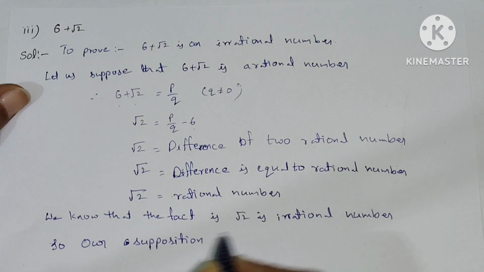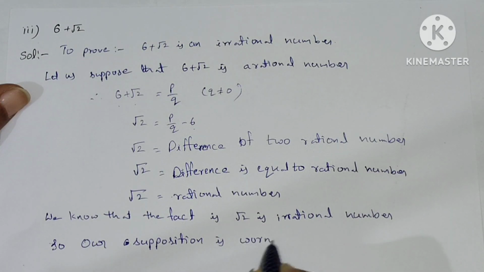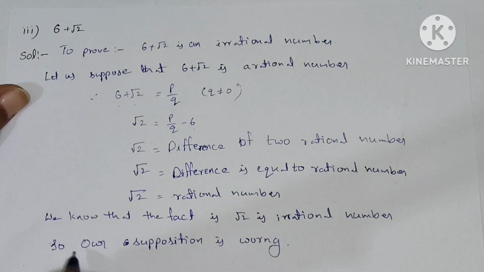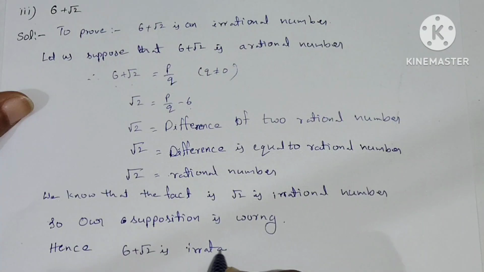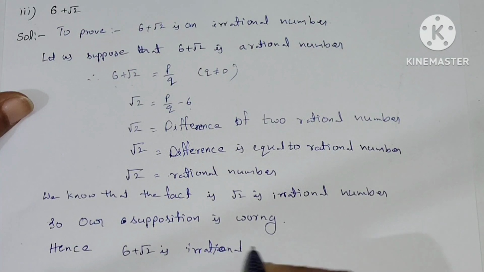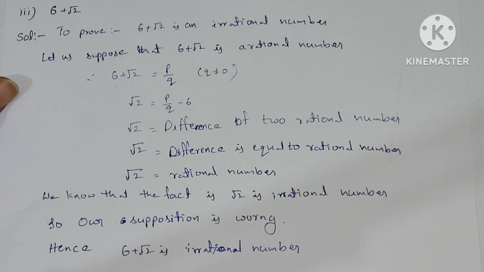Our supposition is wrong. So hence the given number is an irrational number. Hence 6 plus root 2 is an irrational number. This is the correct statement.